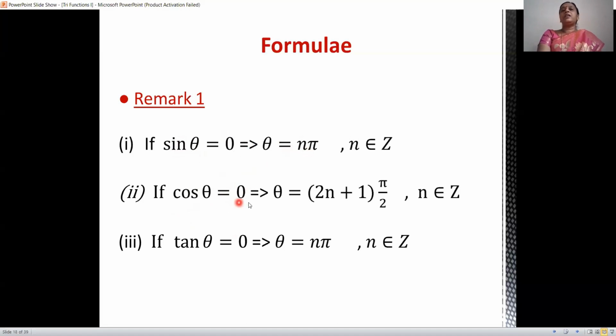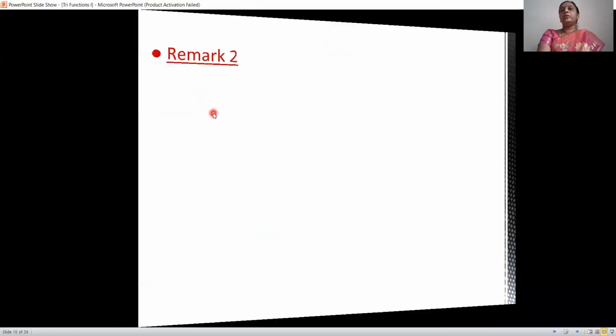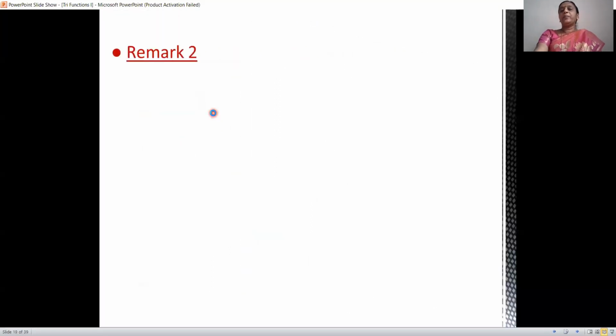For cos theta, the general solution is theta is equal to 2n plus 1 into pi by 2. And for tan theta is equal to 0, we get theta is equal to n pi as the general solution. All these functions are similar, equal to 0. Therefore, they are collected in remark 1. I have given them to you in remark 1.